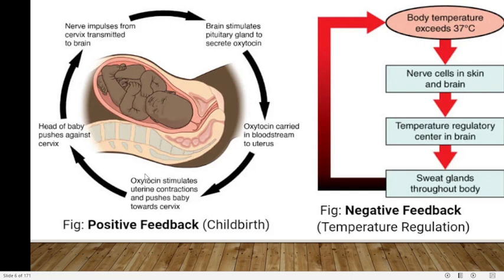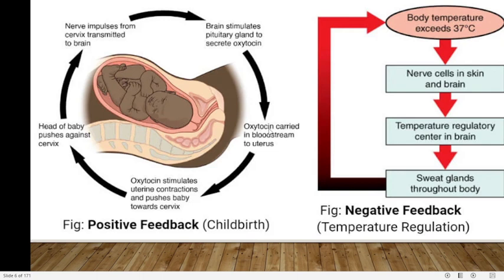Now guys, when the baby is pushed towards the cervix, the head of the baby pushes against the cervix. And when this happens, nerve impulses from the cervix are transmitted to the brain of the pregnant mother. So the brain stimulates the pituitary gland to secrete oxytocin.